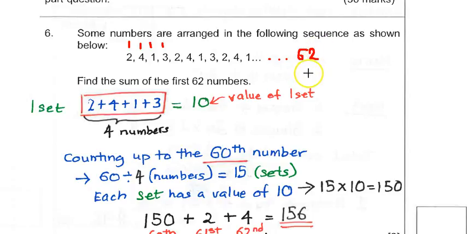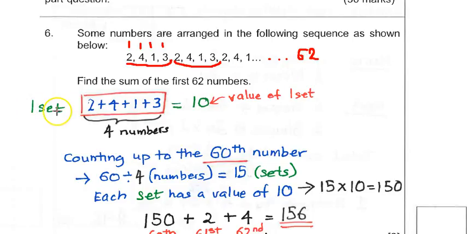Until the 62nd number, and in this pattern. Now, what is interesting is the pattern is like this: 2, 4, 1, 3, one set, 2, 4, 1, 3, another set, and so on. You're going to add all these numbers together and find out what is the total until the 62nd number.